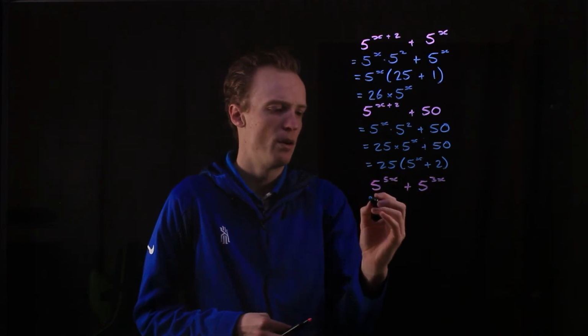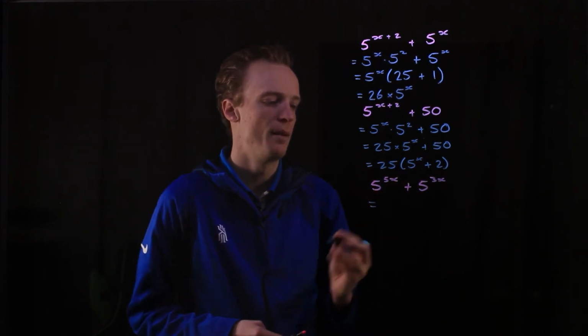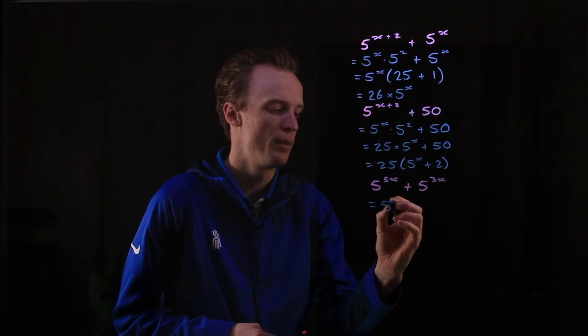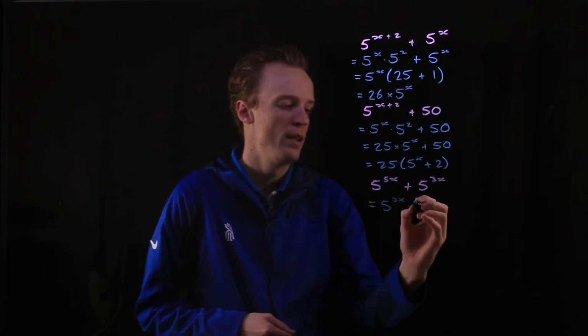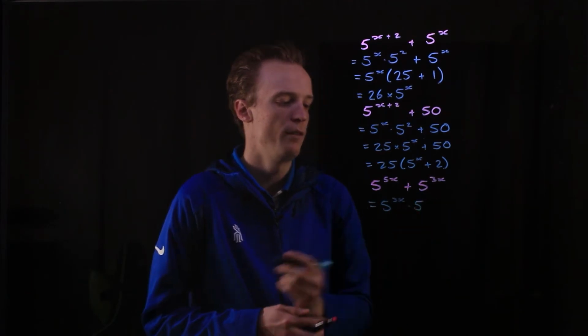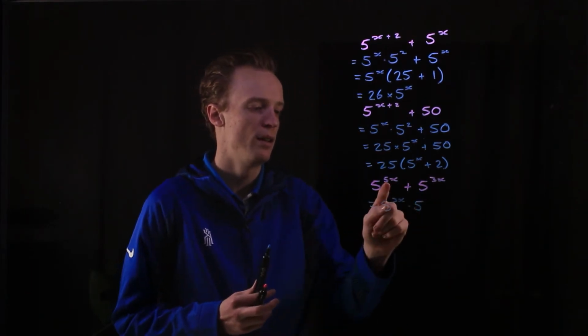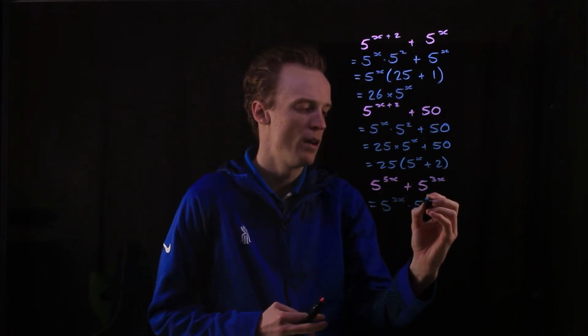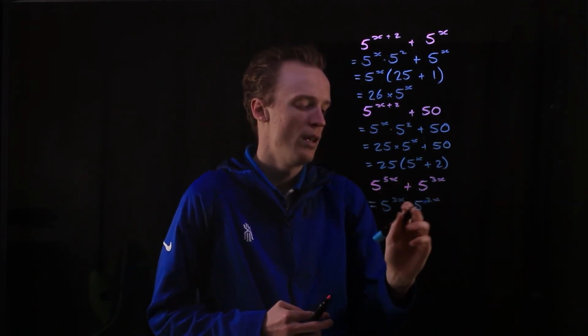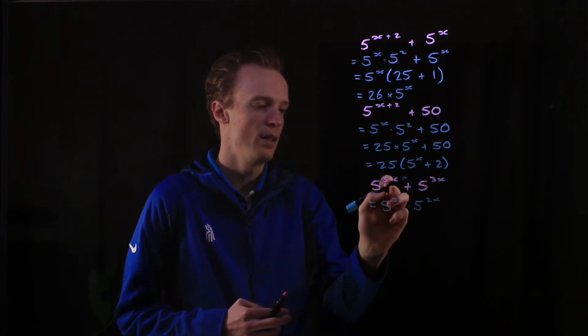So keeping that in mind, if I'm breaking this one up, I want to break it up to have 5 to the power of 3x. And I want to multiply that with something with the same base, so 5, but I need to add on another 2x to get to my 5x. So it needs to have a power of 2x, and that will simplify back into here.